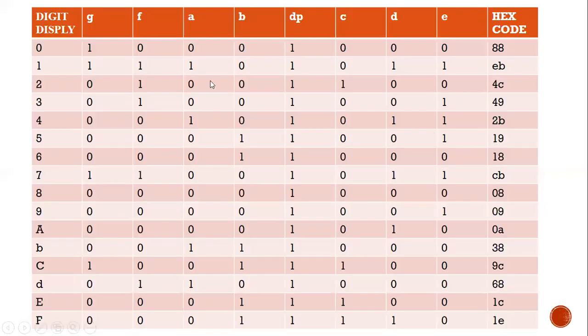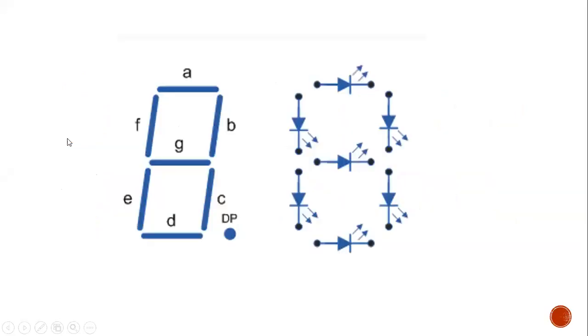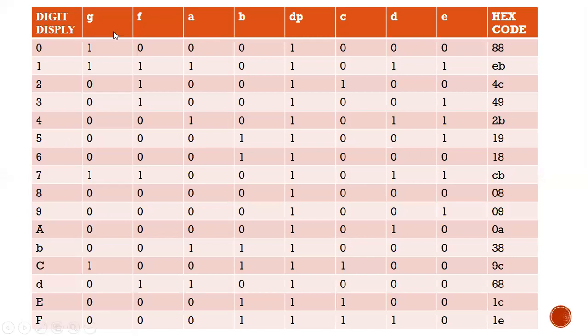For displaying 0, G should be logical 1 and P should be logical 1. All others should be logical zeros. You can see here, G is 1 and P is 1. Other than that, all are zeros.